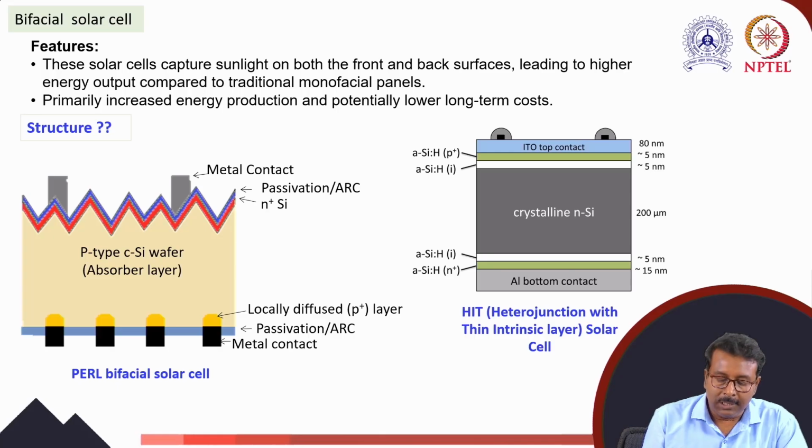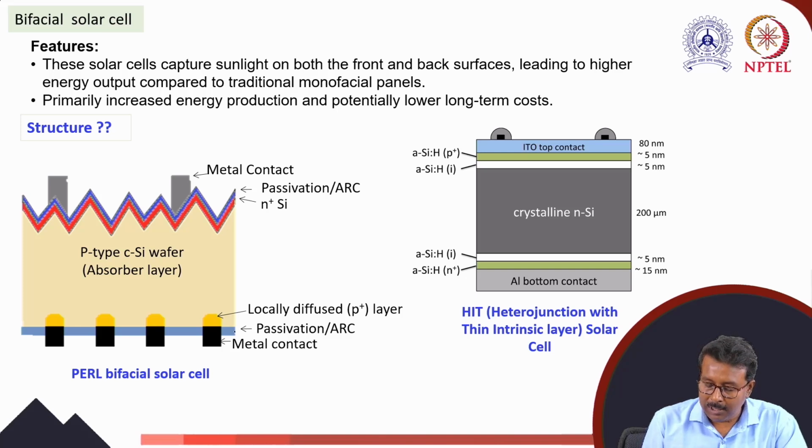You see, these are the structures. This is a PERL bifacial solar cell. In this case, the back contact is not a full area contact. The locally diffused region with the boron atoms is followed by contact formation in those locations.